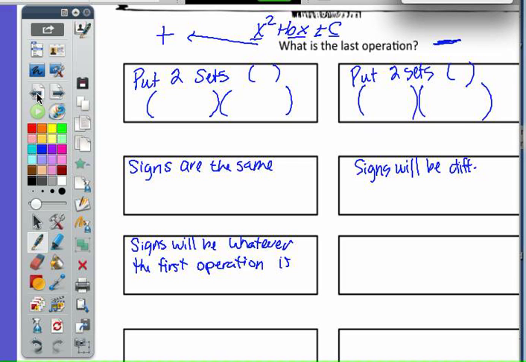Now, I can't guarantee the plus is always going to be first and the minus second, or vice versa. That doesn't really matter. What matters is what stuff they're with. The sign of the larger number, and that's kind of in quotes because it's not really larger, but whichever is the bigger number, not the value, the sign of the larger number will be the same as the first operation.